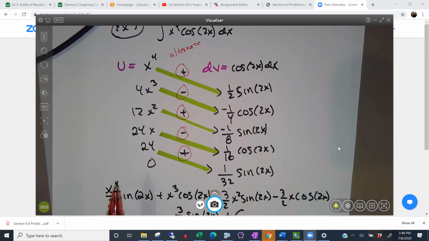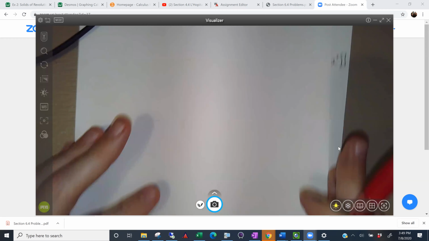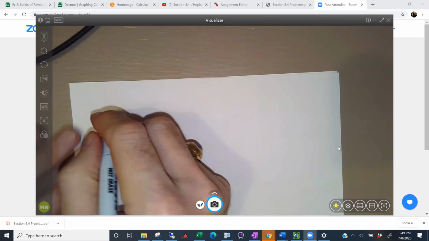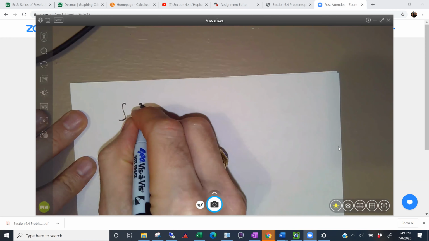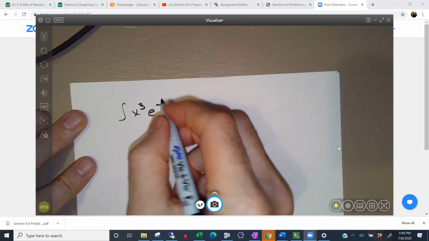Okay, thank you. Let's do another one. So let me do another table method one. Let's see. Integral of x cubed e to the negative.